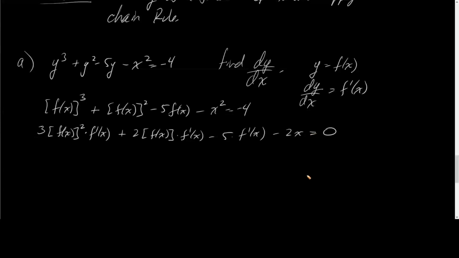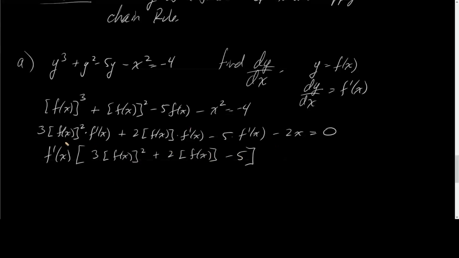All right. So now, since the question was find dy/dx, that means we're looking for f′(x). So let's solve for f′(x) in this equation. I've got f′(x), and we're going to factor it out of here, here, and here, right? And what are we left with? We're left with 3f(x)² + 2f(x) − 5, right?